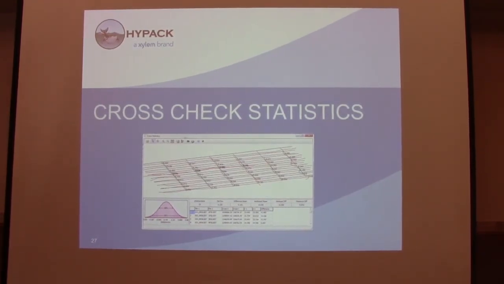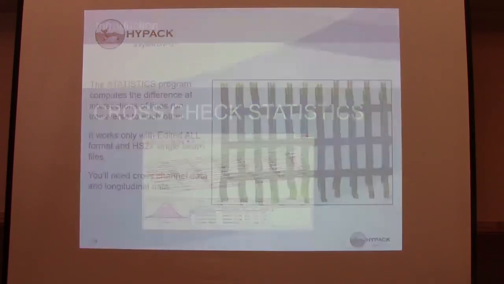Okay. The last thing is, it's not a sorting program, but it's kind of based on the cross sort and everything. This program is called Cross-Check Statistics, which is a stats program for single beam data.